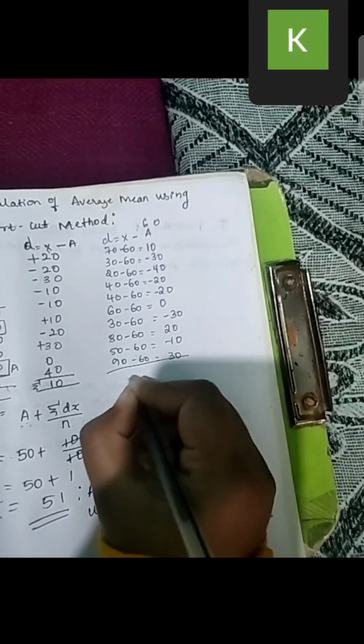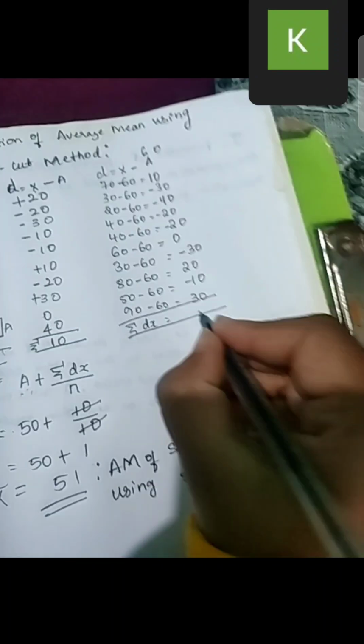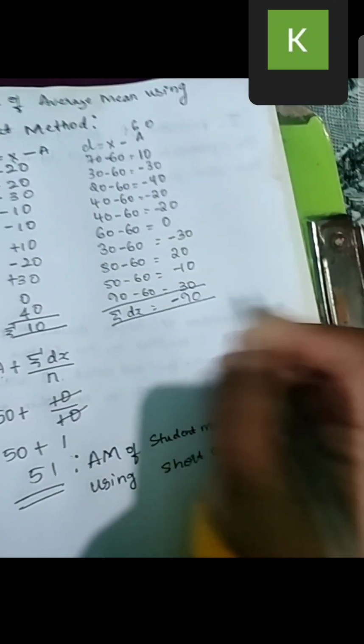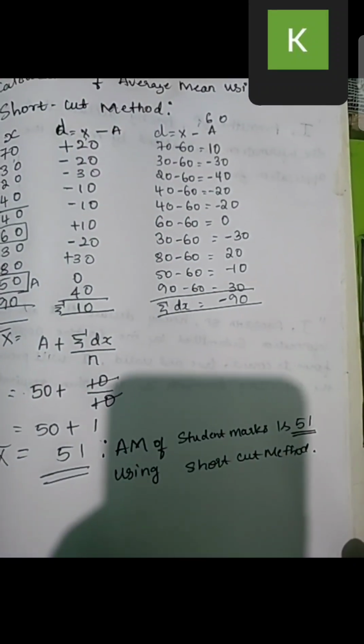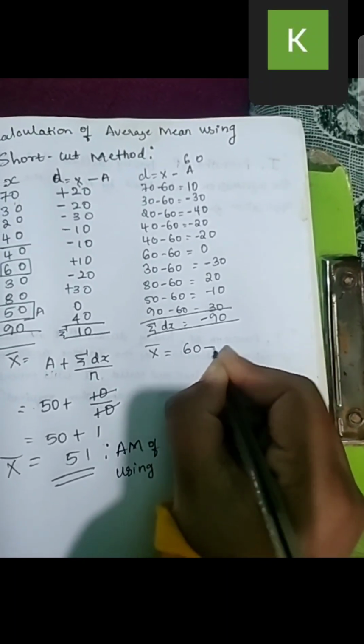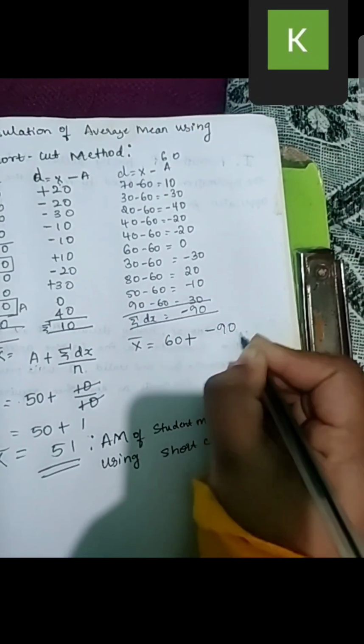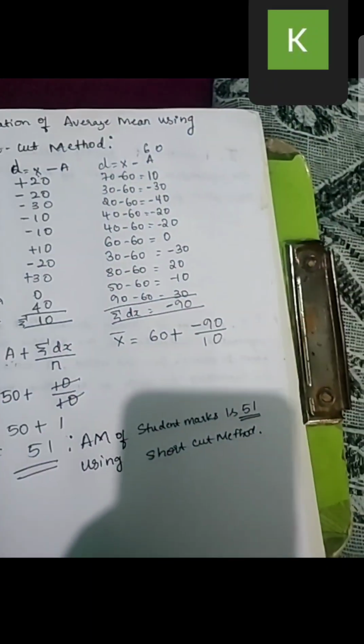If I do the summation of dx, the answer I'll get is minus 90. Am I right? Yes, ma'am. X bar is equal to 60 plus minus 90 divided by 10.